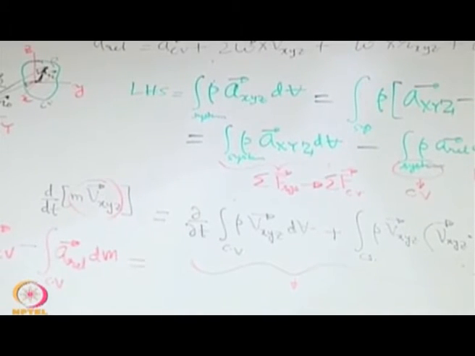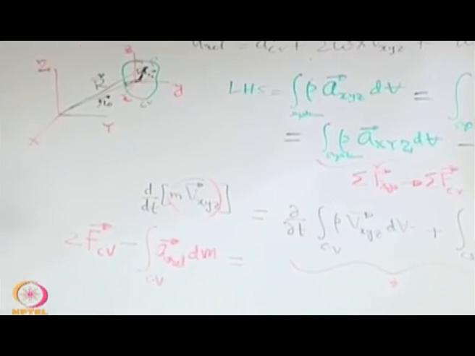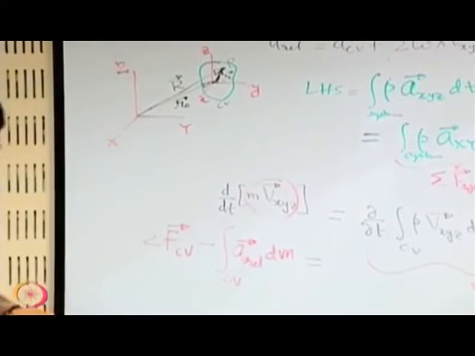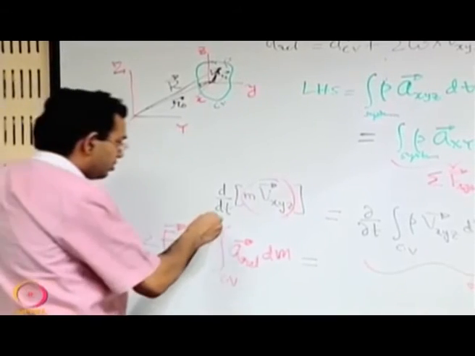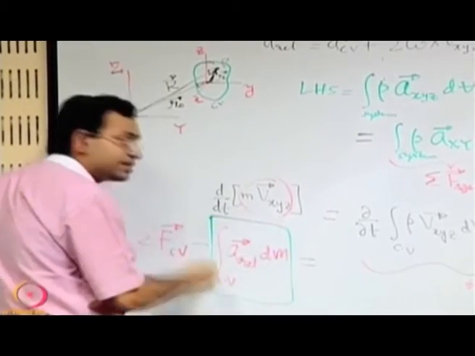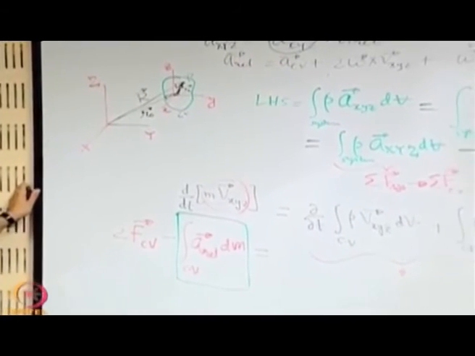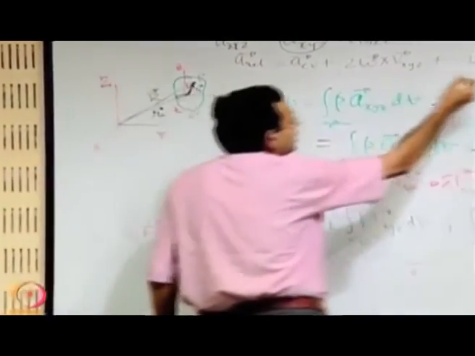If you look at it from a formula user viewpoint, what is the correction that has occurred because of the transformation? The correction is mainly this correction term, and this correction term is because of the acceleration of the control volume, because all the terms are related to acceleration.